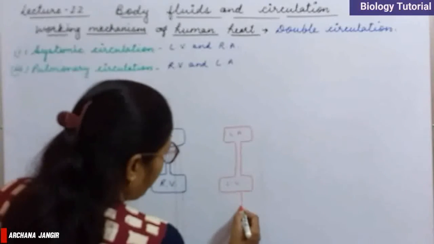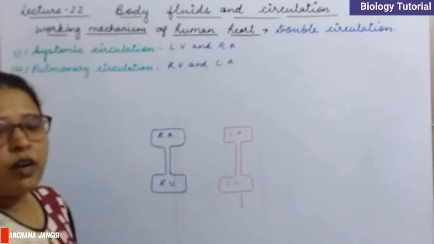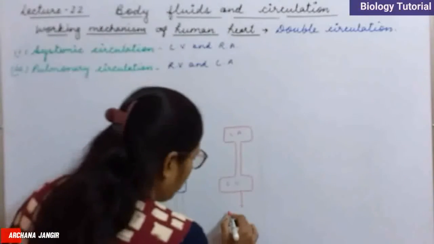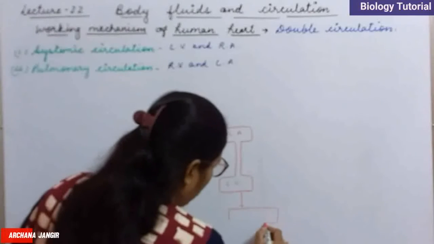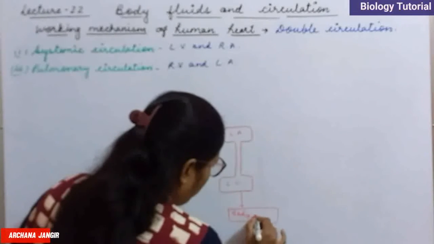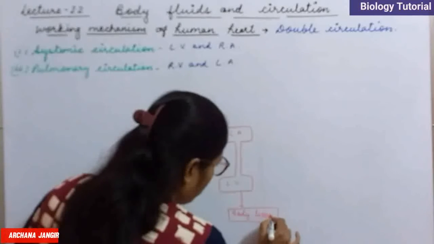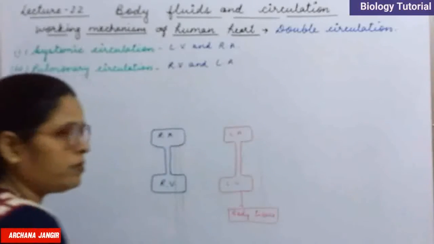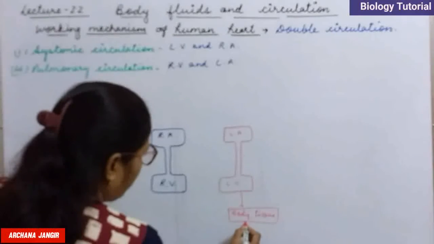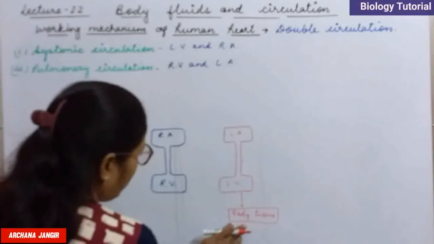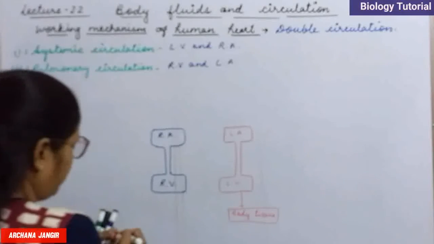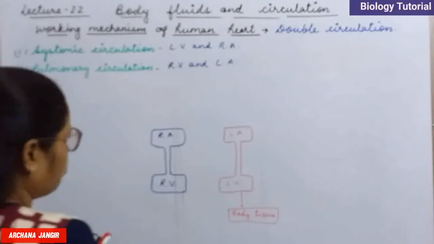From the left ventricle, the oxygenated blood goes to the body tissues, and after that it brings deoxygenated blood from the body tissues.